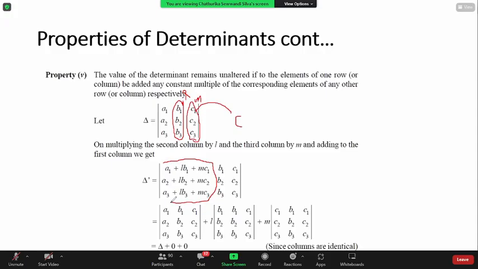The first column is fully altered. Although this has happened, the determinant is going to be again C. Determinant unaltered.